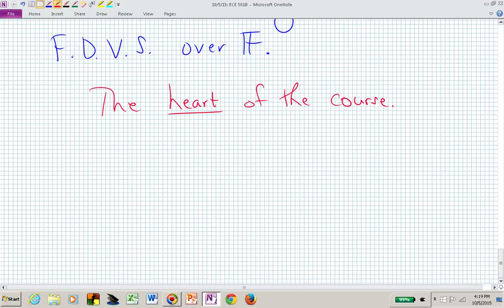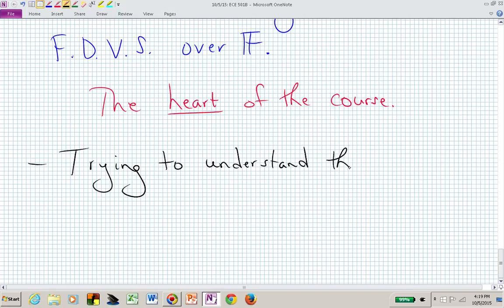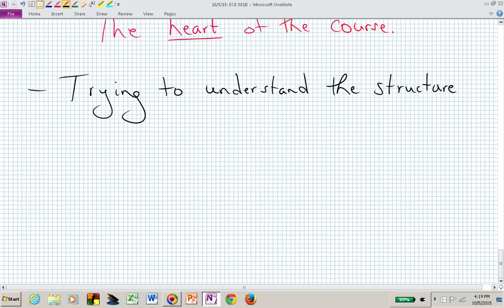We're in red, and this is a key part of this class, and what we're trying to do is understand what we can learn or have available to us with respect to the structure of linear operators.